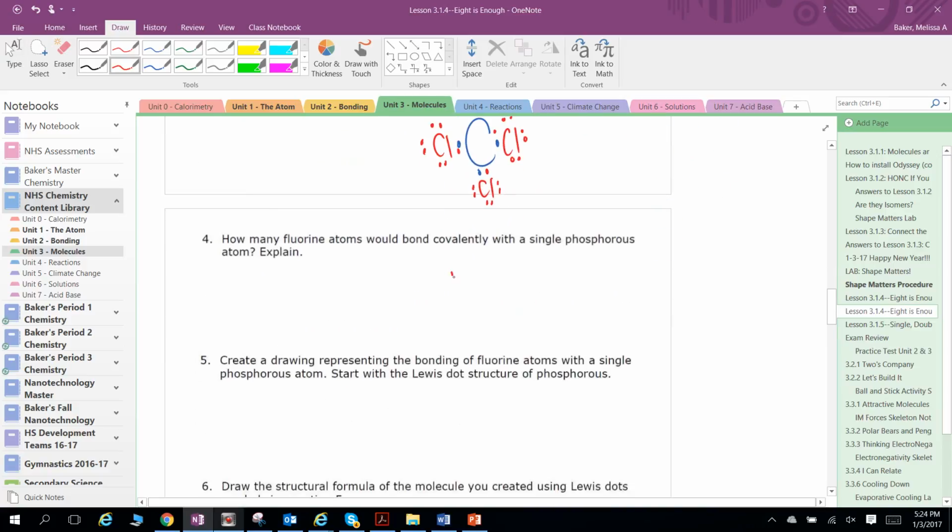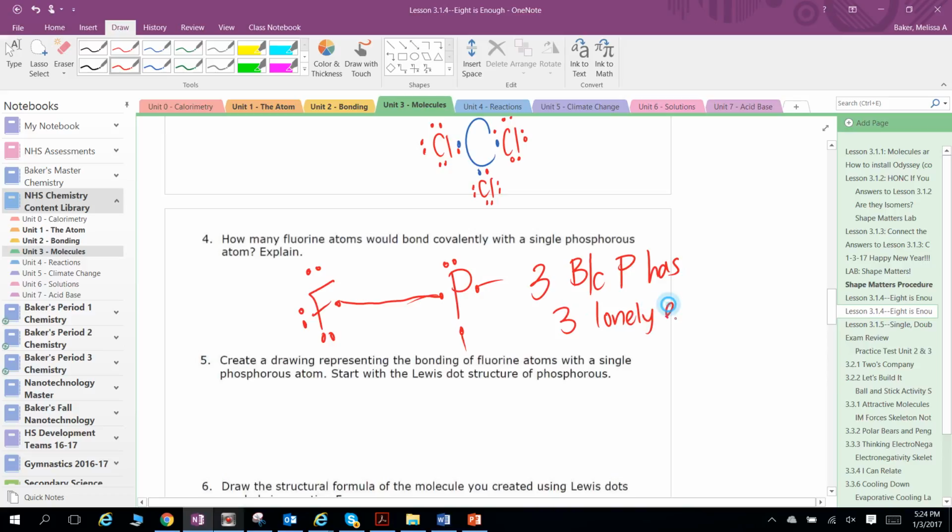How many fluorine atoms would bond covalently with a phosphorus atom? Well, phosphorus has 3 lonely electrons, so 3 fluorines could bond because fluorine has 1 lonely electron. So it'll want to share those. 3, because phosphorus has 3 lonely electrons.